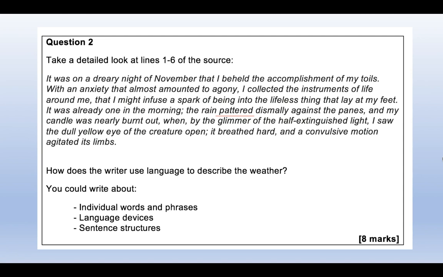And then you've got to explain the effect. If you just offer a vague and generalized effect, and this is the same in question 3, as we'll see, if you say something like, this makes the reader want to read on, or it creates a picture in our heads, or it's very powerful, you'll get very few marks. You've got to be specific on the effect, in this case of the onomatopoeia.